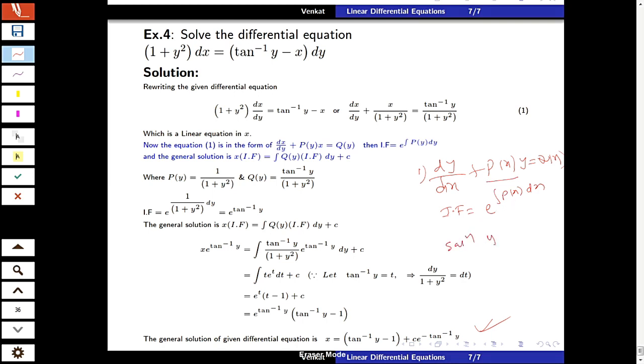The solution is y into integrating factor equal to integral of q of x into integrating factor dx plus c. If you replace y with x, then you will get linear in x.